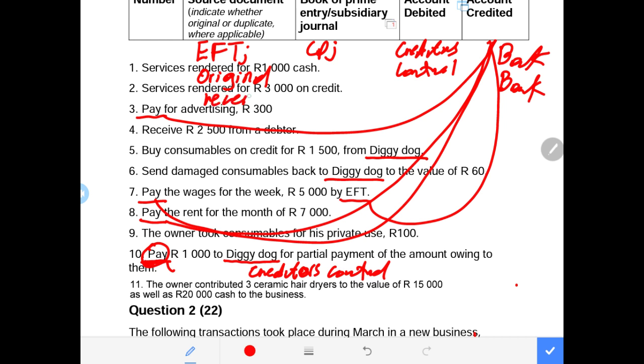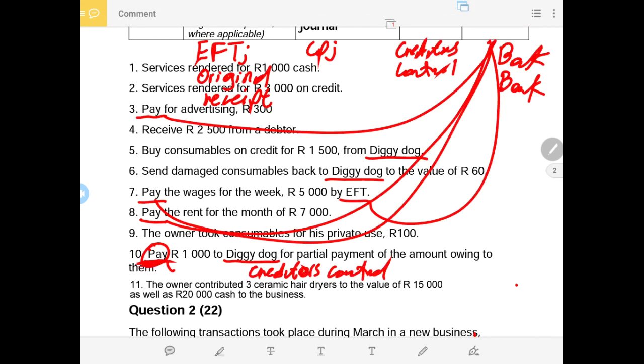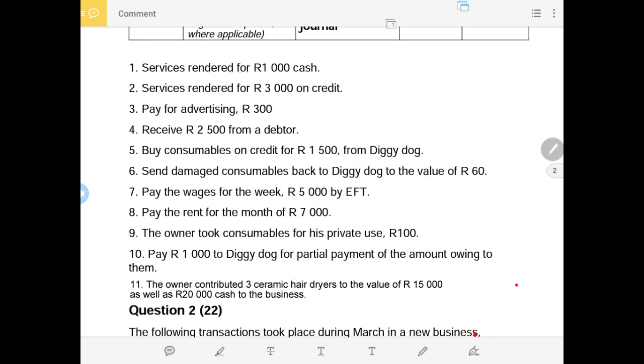That means if we pay directly inside the shop of our supplier, we pay them cash, then they will give us an original receipt because we are a customer. A customer always keeps the original document, and the business keeps the copy of the document, which is called duplicate.